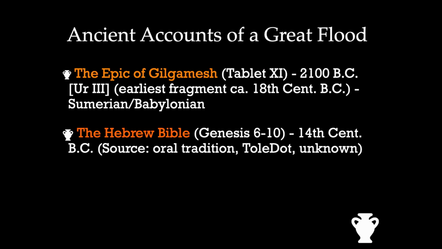There is one scholar, I believe it's Donald Wiseman, an Assyriologist, who believes that the Toledot could actually refer to source material that Moses could have had with him, from which he was drawing and writing the account of the flood and the creation account. But as of yet, we don't have any direct archaeological data for the Toledot. If there is some kind of source, we don't have it.